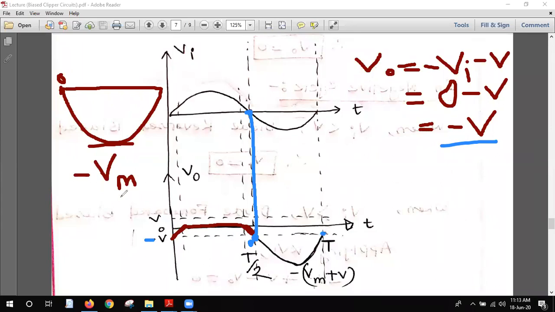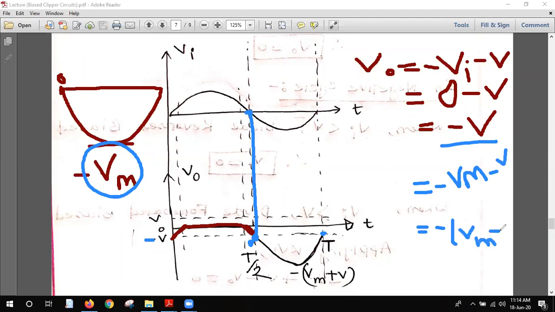And when the peak value is Vm, if I replace it, at that time it will be minus Vm minus V. If I take the minus common, it will be minus (Vm plus V).